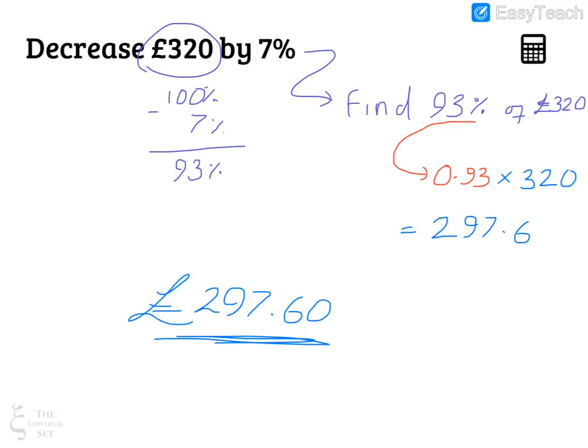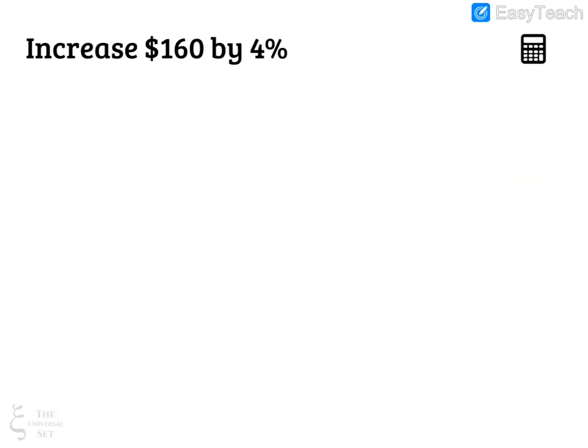Okay, good. Another couple then. Now this one is an increase kind of question. So again, we're going to start by saying, well, this is my 100% that I'm starting with. That's all of it. And I want to increase this time. So it's going to get bigger by 4%. So I'm adding on an extra 4%. Okay. So what's 100 plus 4?